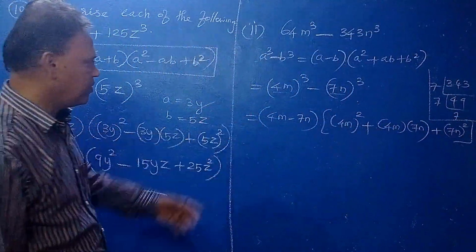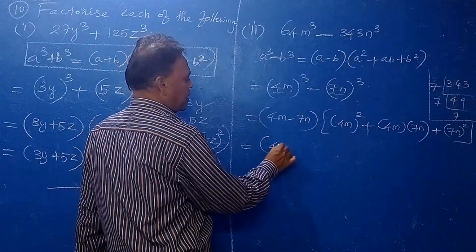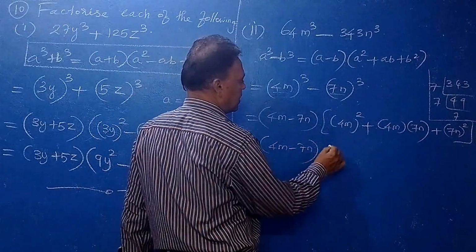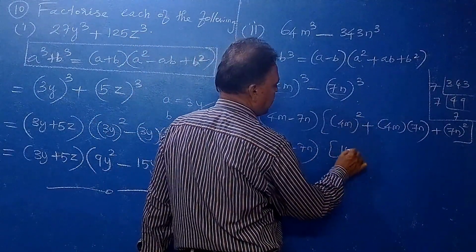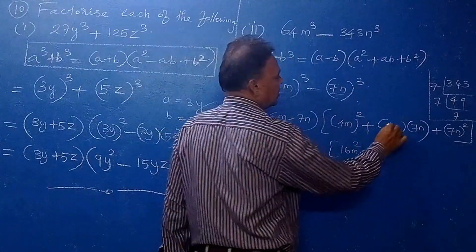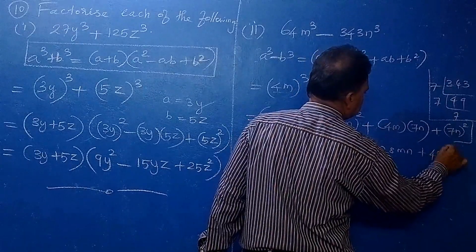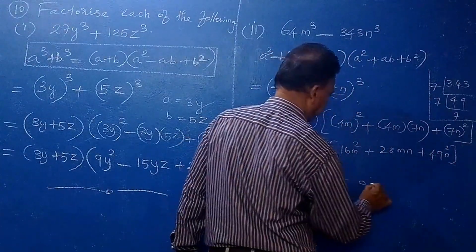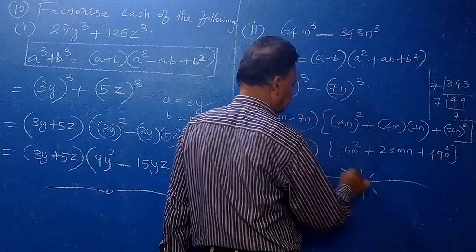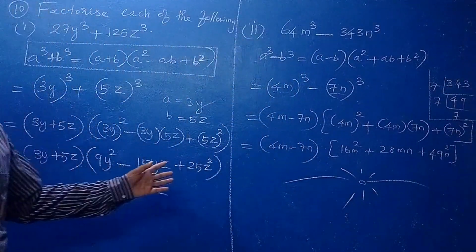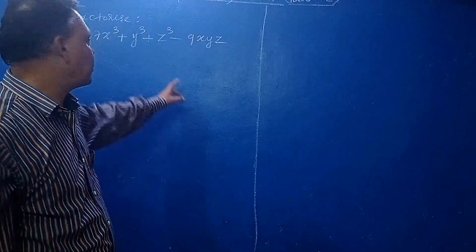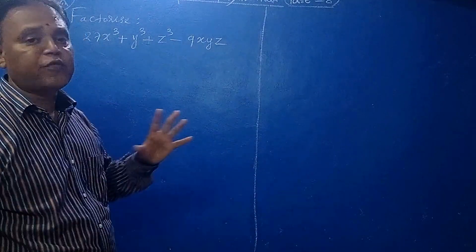Now just simplification. So that is 4m minus 7n into 16m square plus 28mn plus 49n square. So very simple.